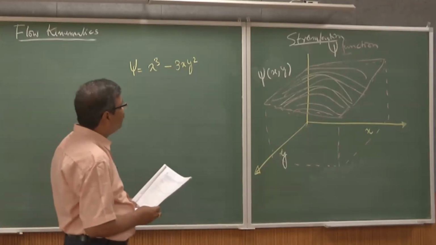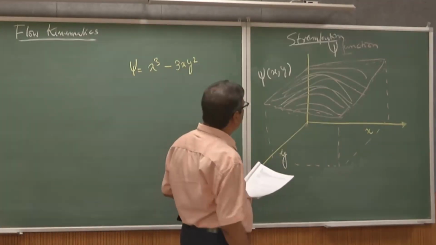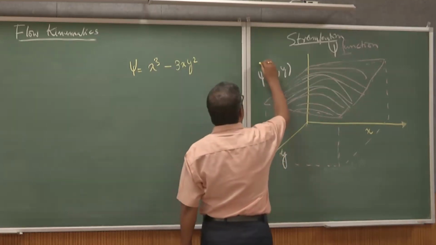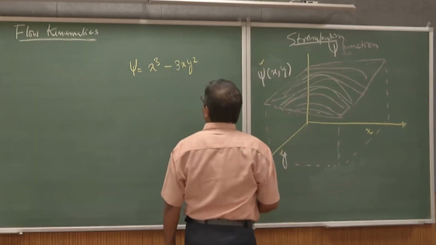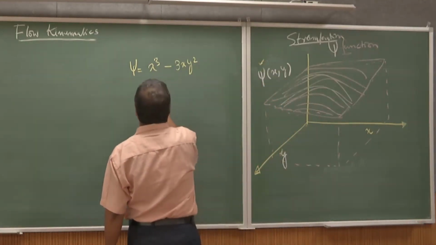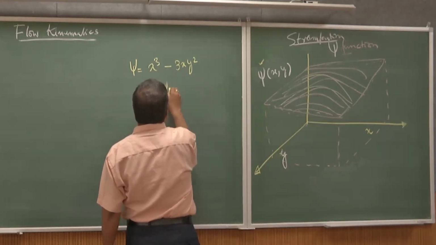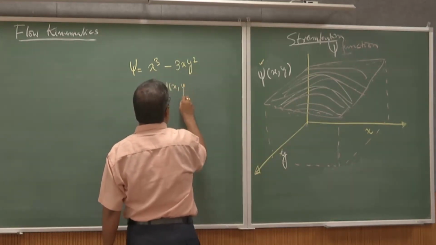Now we have the stream function, which is a function of only the two dimensions x and y.